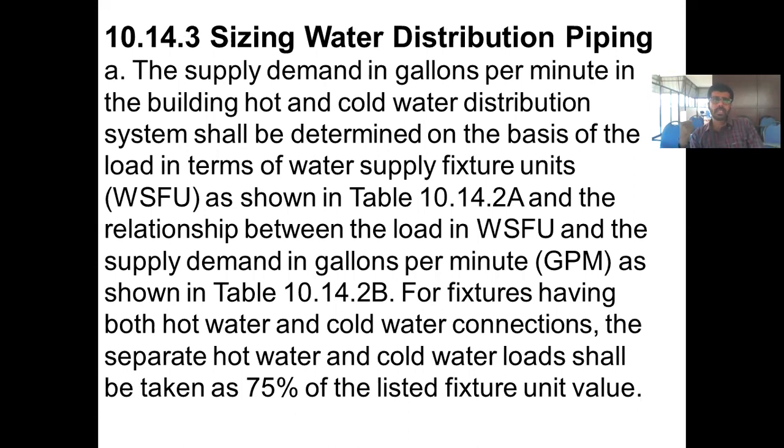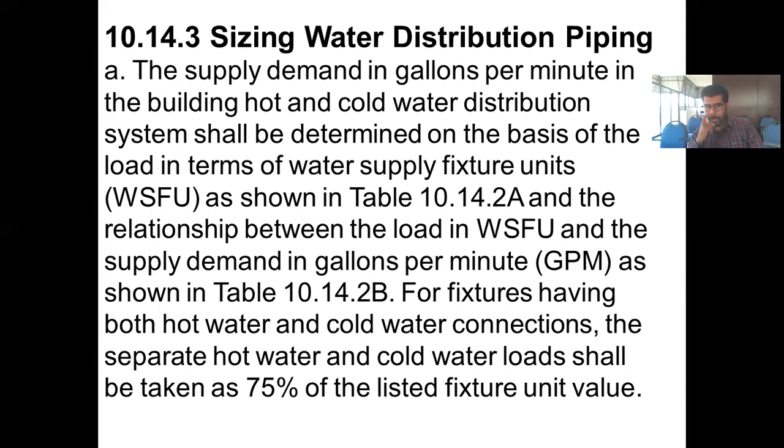So, sizing of water distribution piping. First I will read this, then I will show you the graphs and tables and everything. First one: the supply demand in gallons per minute in the building hot and cold water distribution system shall be determined on the basis of load in terms of water supply fixture unit.